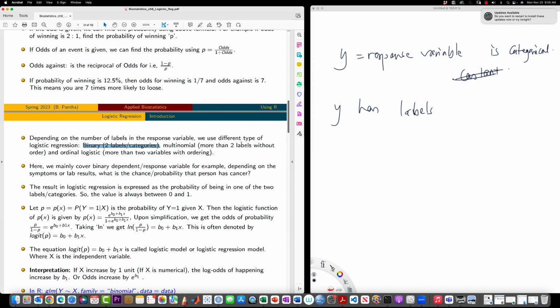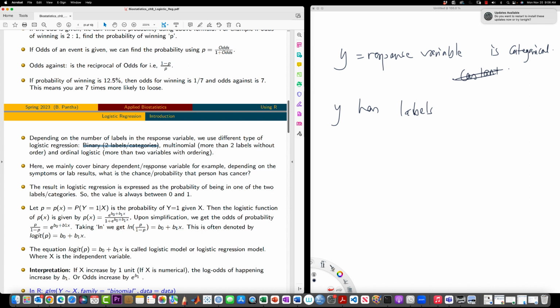If there are more than 2 levels, it is multinomial. And there may be ordinal logistic regression if there is an order, for example agree, disagree, strongly disagree, levels that have ordering. But in this course we will be talking about binary logistic regression only, which has just 2 levels. So we mainly cover a binary response variable.